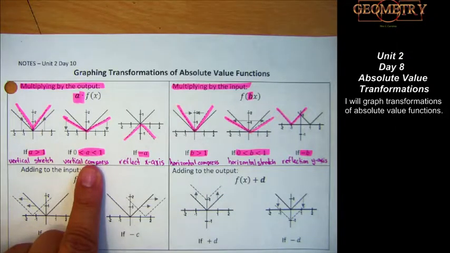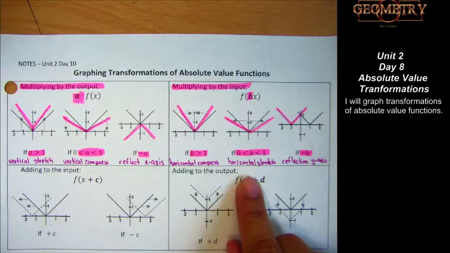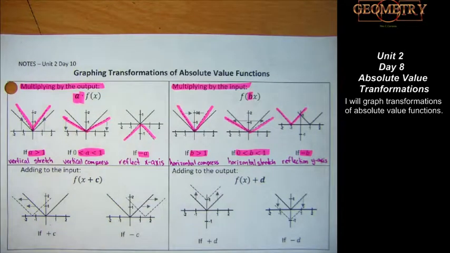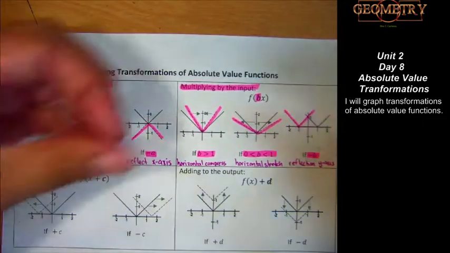What's happening to the y is it's getting squished down toward the x-axis, whereas in this one we're looking at what's happening to the x values. So in order to make that same vertical squash happen, you've got to grab the graph and stretch it out this way. So even though it looks like the same thing's happening, it's happening from a different mechanism. This one we're flattening, this one we're pulling.